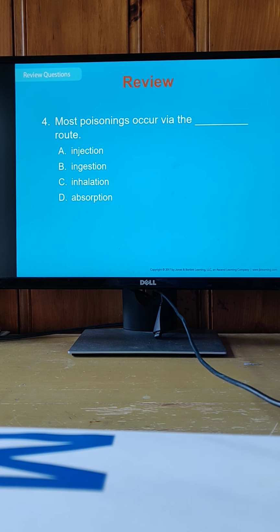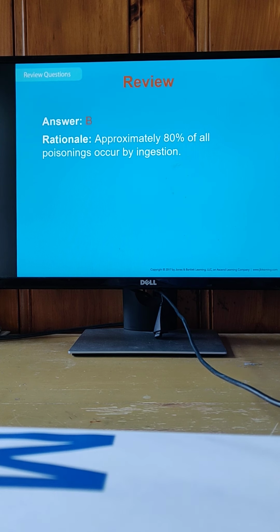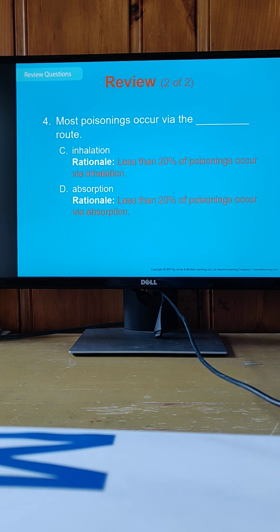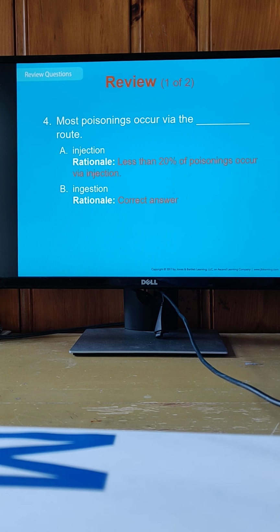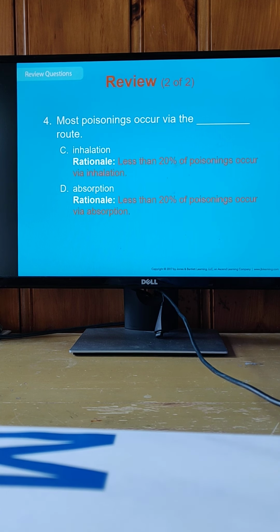Most poisons occur, as they said earlier in the chapter, by mouth, ingestion. Approximately 80% of all poisons occur by ingestion, deliberate or non-deliberately. Less than 20% of poisons occur by injection, and less than 20% occur by inhalation or absorption.